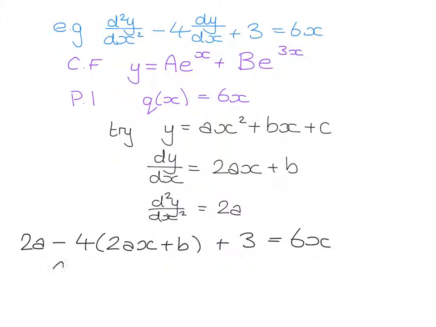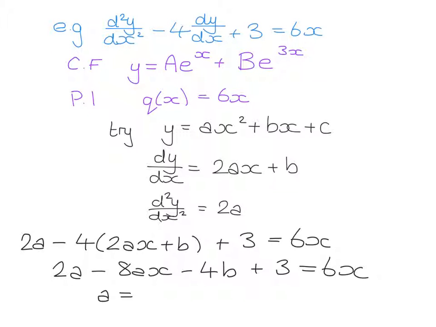We can simplify this further, which equating coefficients gives us that a equals minus 3 over 4 and b equals 3/8.